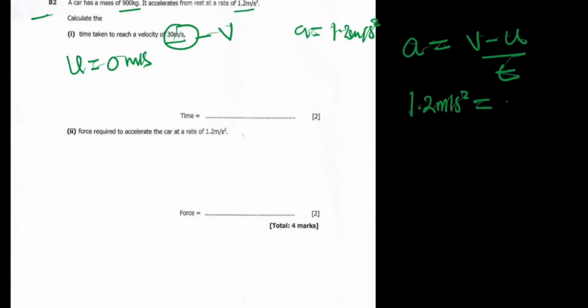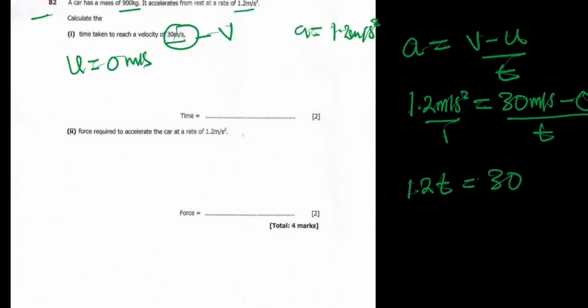And then this is going to be, final velocity is actually 30 meters per second. The initial velocity is 0 meters per second. And we are looking for time. So this is going to be over 1.2, so we're going to have 1.2 t is equal to 30 as our number on the right side.